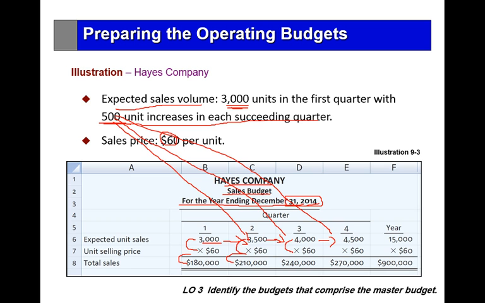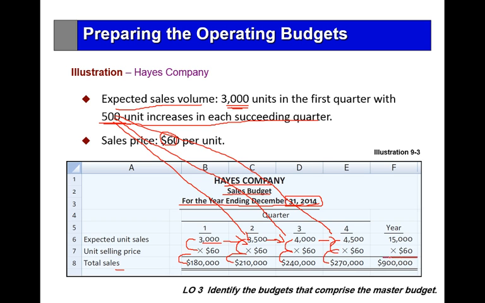And 4,000 units multiplied by $60 per unit gives $240,000 in total sales for the third quarter. For the fourth quarter, 4,500 units multiplied by $60 per unit gives $270,000 in total sales.